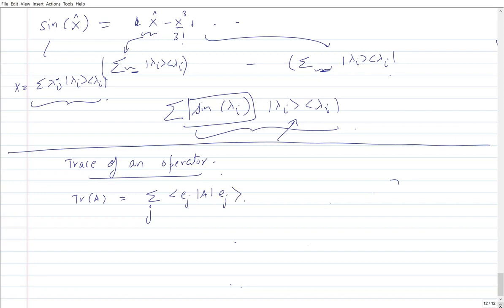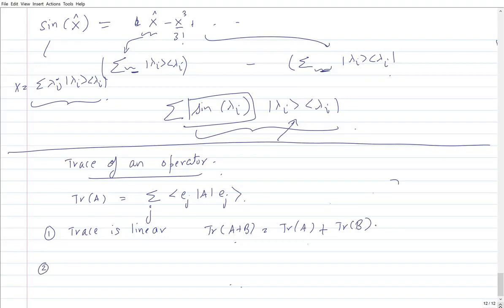Some important properties of the trace: trace is linear. Trace of A plus B is equal to trace of A plus trace of B.